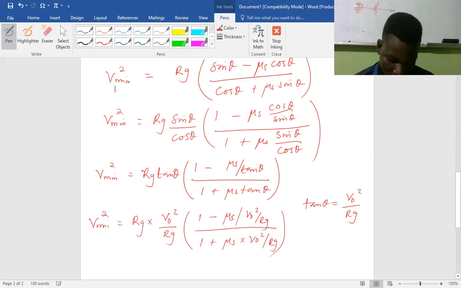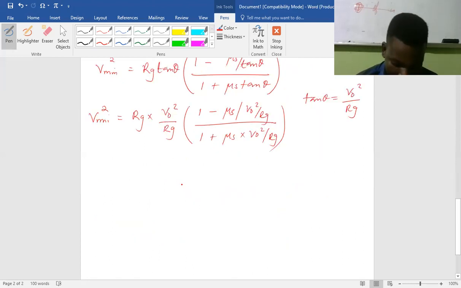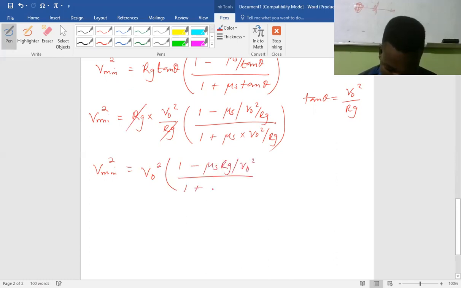Okay, so we continue just playing with these. v min squared is going to be that, and that will cancel. So we have v naught squared, and then we're multiplying by 1 minus mu s rg over v naught squared over 1 plus mu s v naught squared over rg.